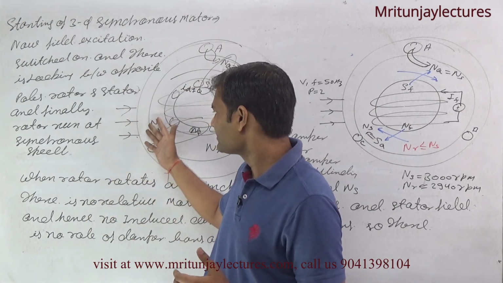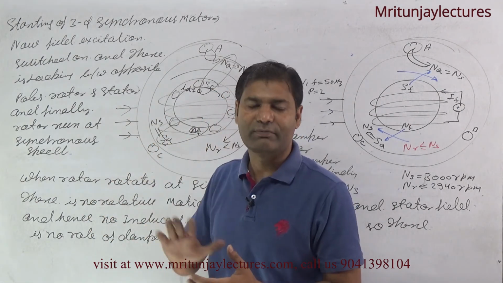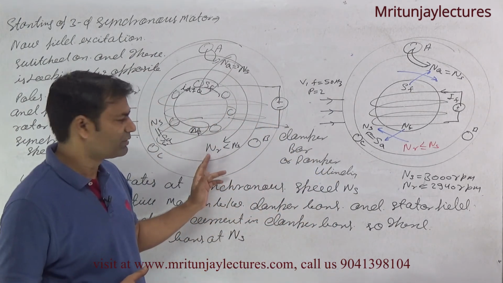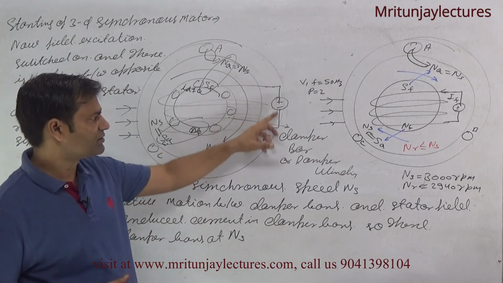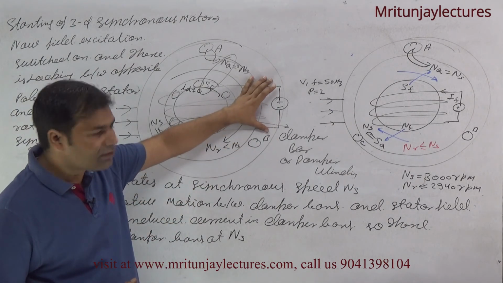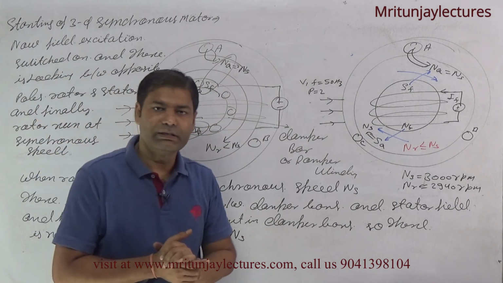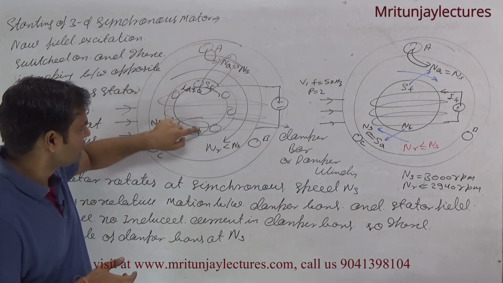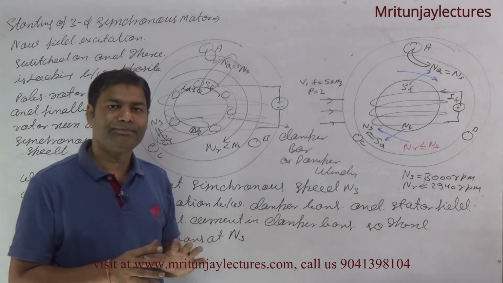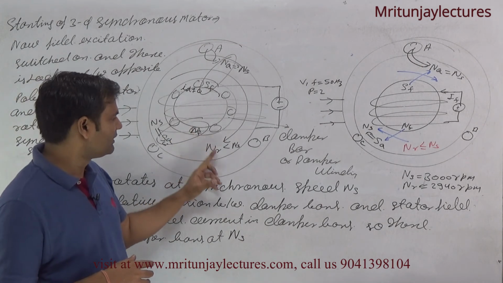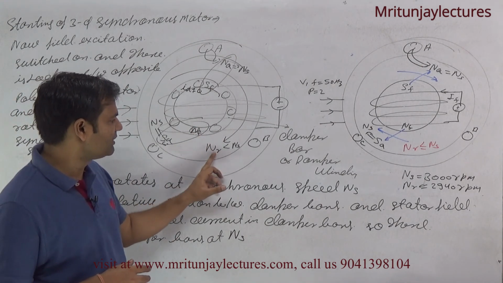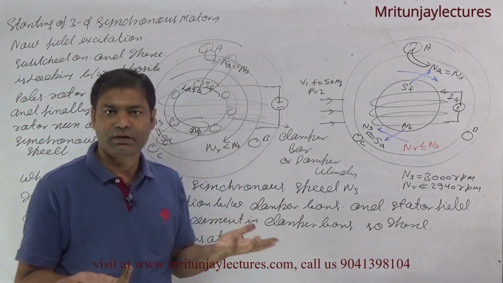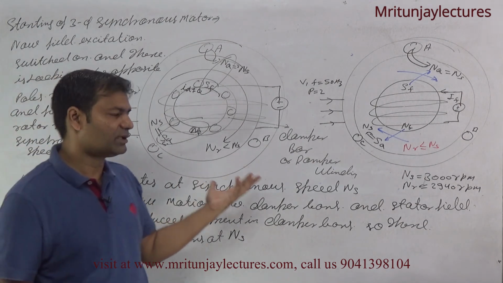If a three-phase balanced winding is supplied, then current is induced in the damper bar, then it rotates closer to NR. If closer to NR, then the field winding switch is on, then poles are created like this one, and this one locks with this one. After that, the rotor rotates at NS.